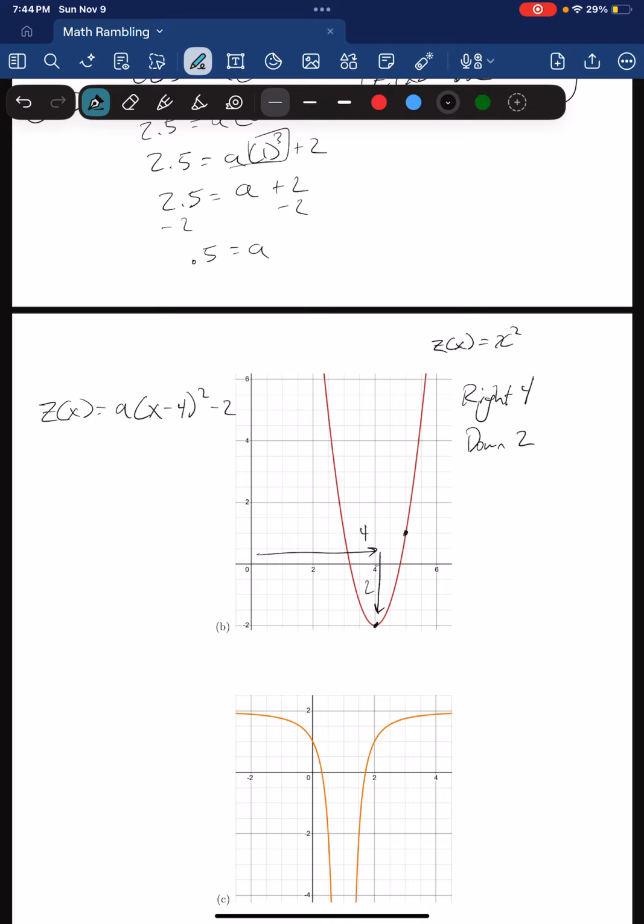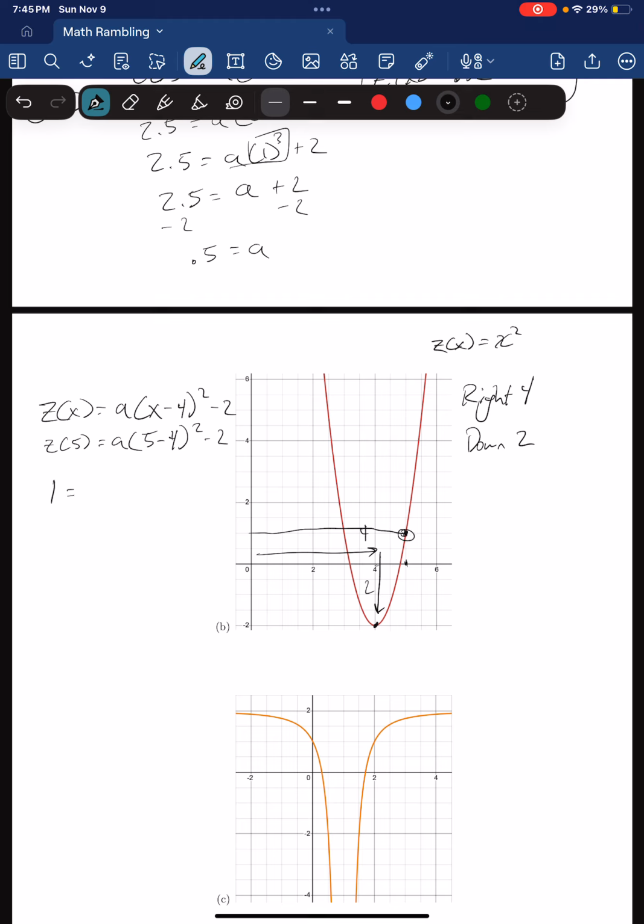So at x equals 5, we should get 1. All right, so let's plug in 5. So z of 5 equals a times 5 minus 4 squared minus 2. So z of 5 is the same as 1.